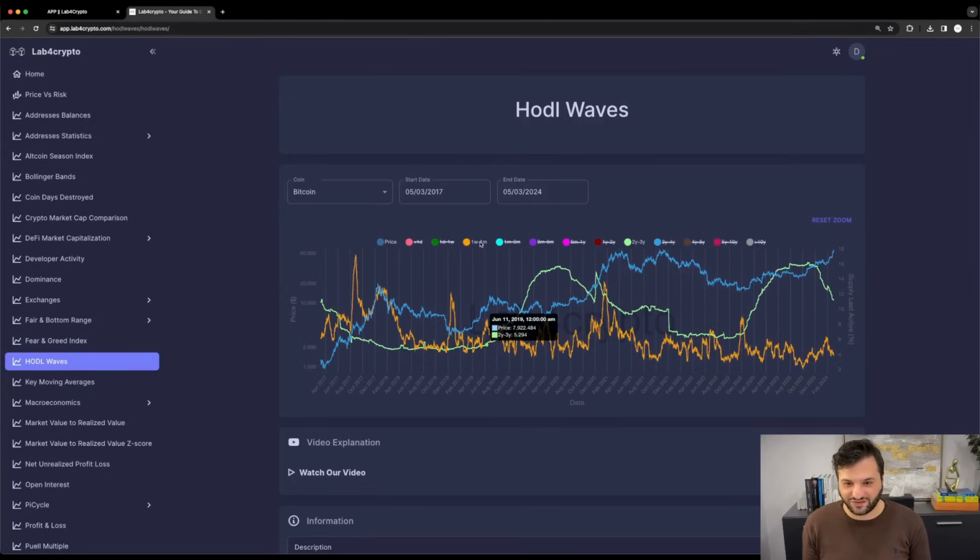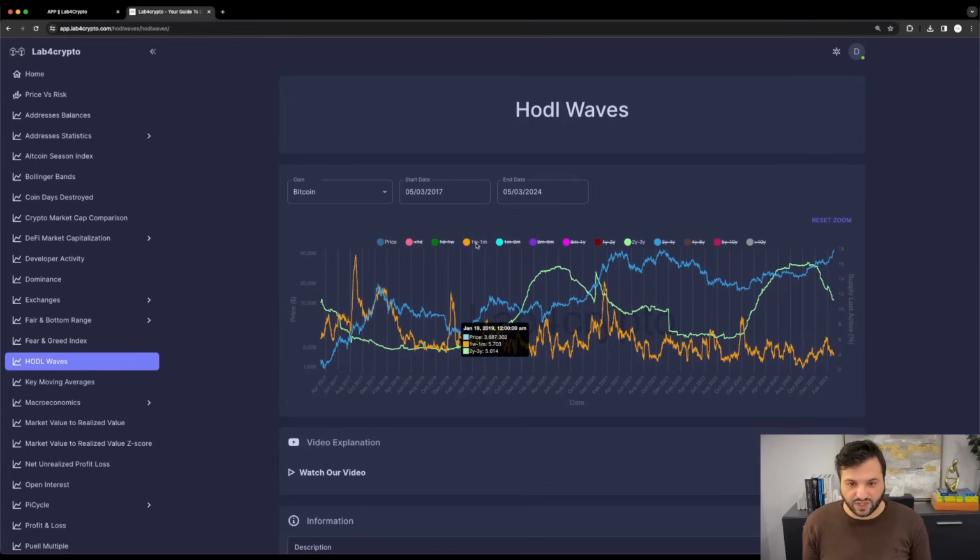On the other hand, the short-term holders, we immediately saw a spike because they started to move their coins. That's why you see the drop from 8.6% to 3.67%.